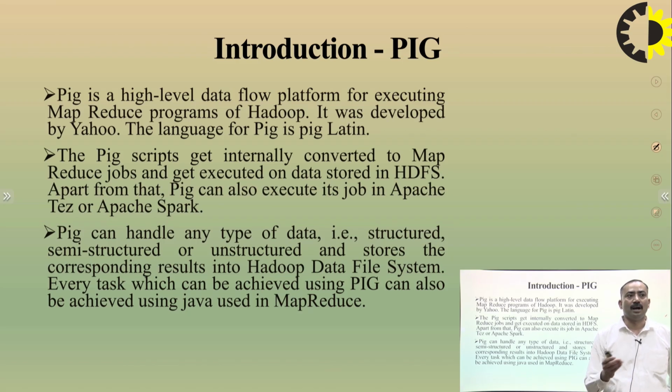Unstructured data is any other format, such as a text file or a word file. So Pig can handle any type of data, and stores the corresponding result in the Hadoop file system, HDFS.